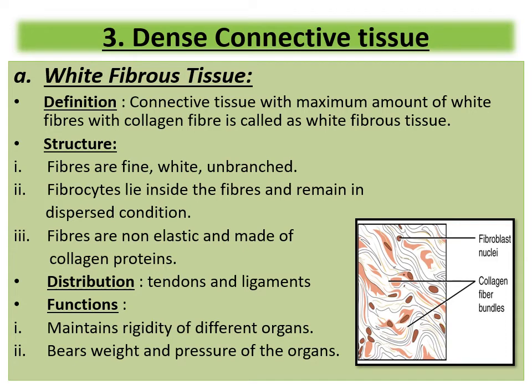If we look at the picture, we will find some of its important characters: the fibers are fine, white and unbranched. Fibrocytes lie inside the fibers and remain in dispersed condition. Fibers are non-elastic and made of collagen proteins. Some functions of white fibrous tissue are: it maintains rigidity of different organs, and it bears weight and pressure of the organs.